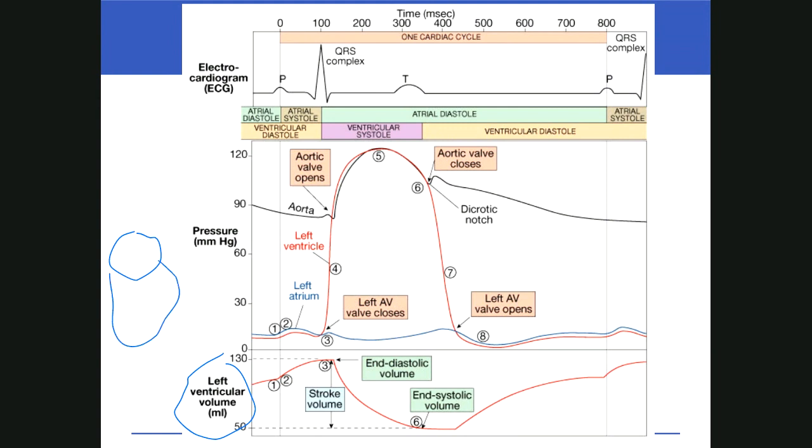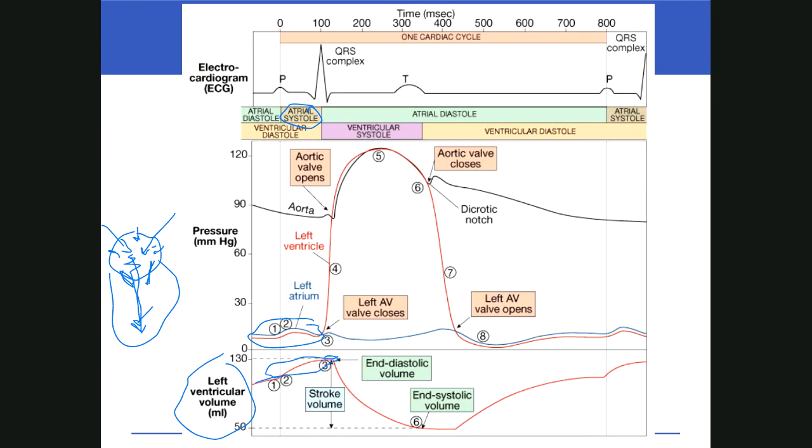Well, remember, over here, this valve is open. So whatever blood comes into the atria just goes on down into the ventricle. So it goes up. And then right here, we're going to get systole. So the atria are going to contract, and whatever blood is left in there is going to get pushed down into the ventricle.